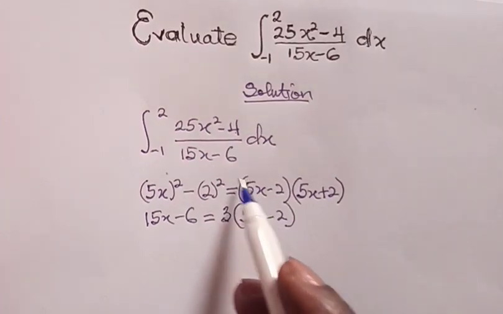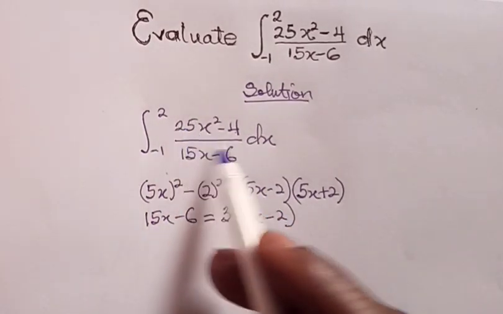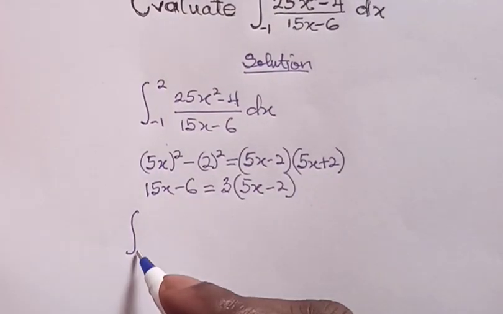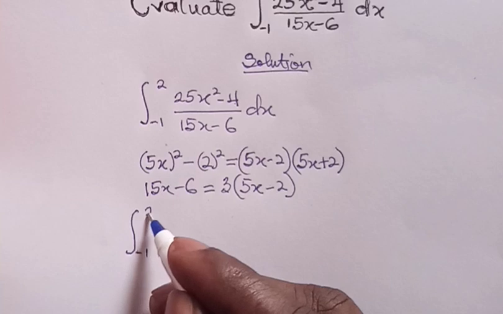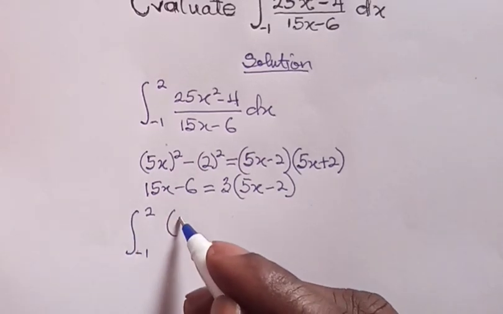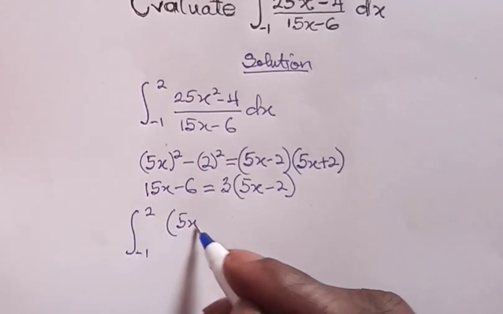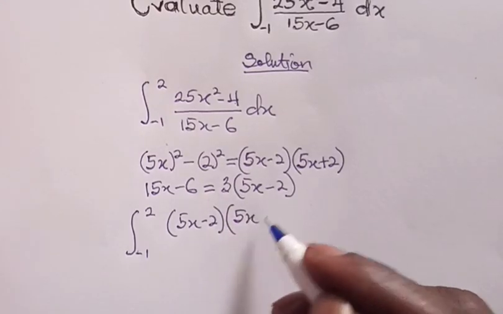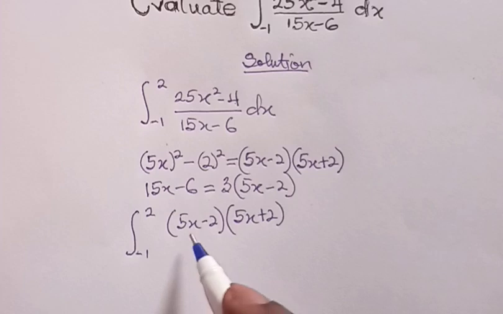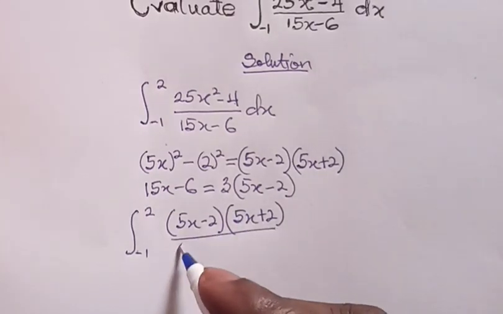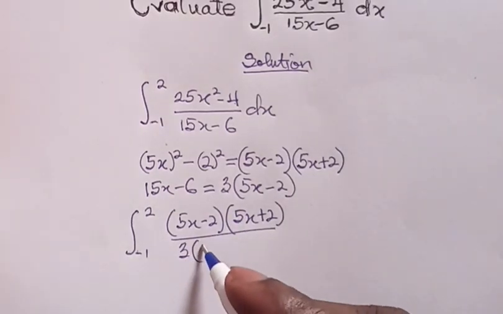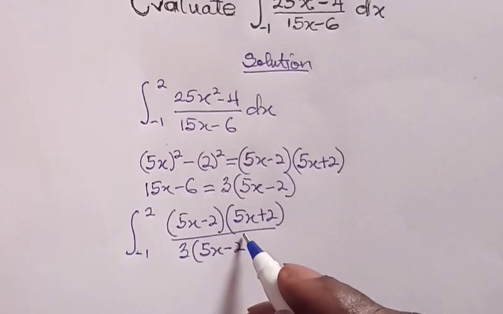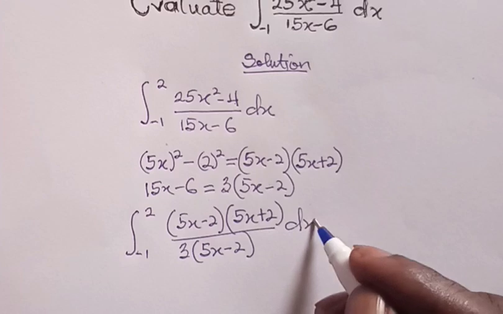Once we have this, we can substitute it into the question. So we can write the question again as (5x minus 2) and then (5x plus 2), all divided by 3 times (5x minus 2) dx.